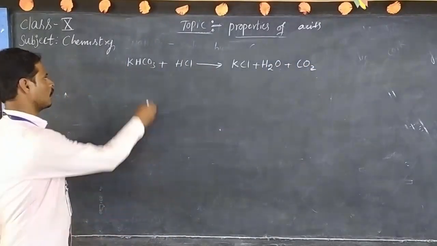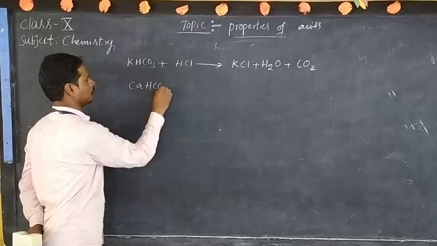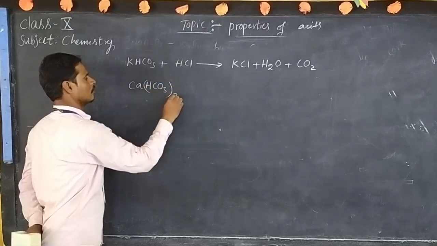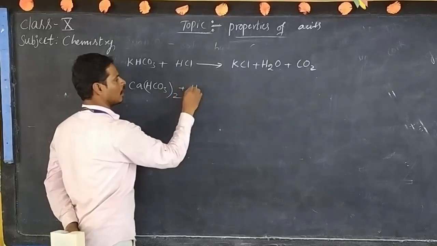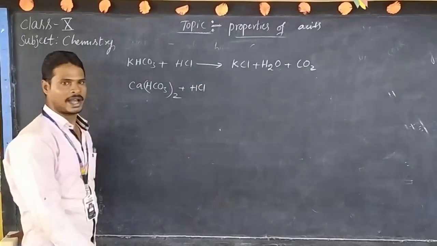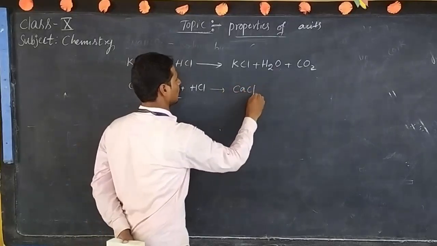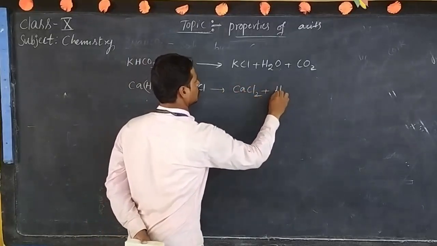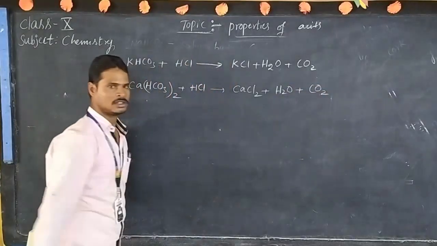Now instead of potassium bicarbonate, take calcium bicarbonate. Calcium bicarbonate reacts with the hydrochloric acid to form calcium chloride plus H2O plus CO2. Is the equation balanced?